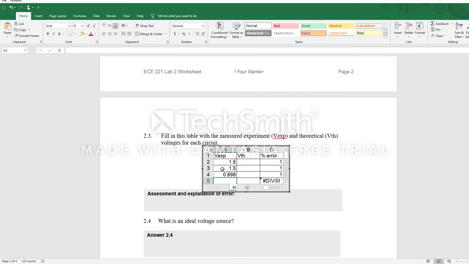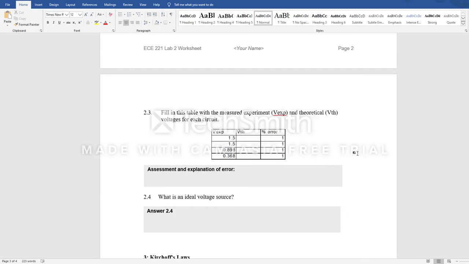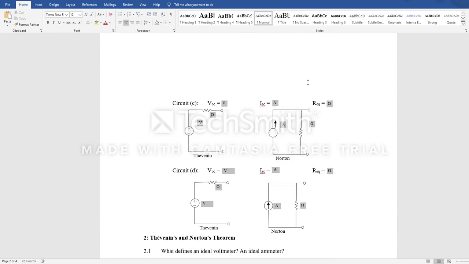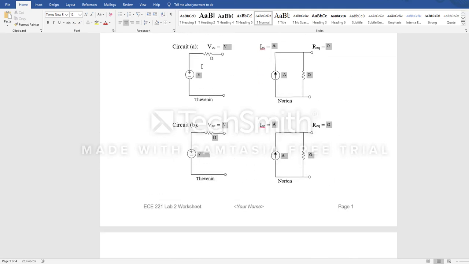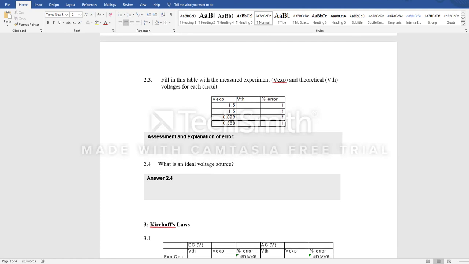So let's record that as well. All right, what you should do is calculate the Thevenin and Norton equivalents of all these circuits. Write the theoretical voltages here, find the percentage error, and then explain, if there is an error, why that happens, along with the following questions.